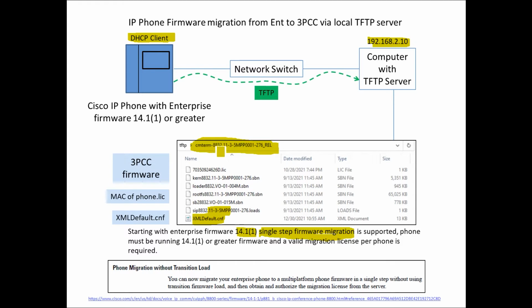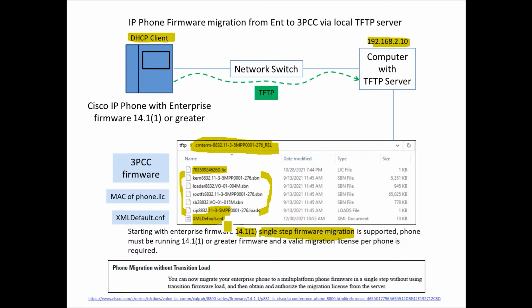There are three main things we have there. We have a valid license for this phone for the firmware migration. We downloaded the binaries for the 11.3.5 MPP firmware, and that's all of these files right here. When you unzip them, you basically get all these files. And the third item is the XML default.cnf file that I sourced from CUCM.